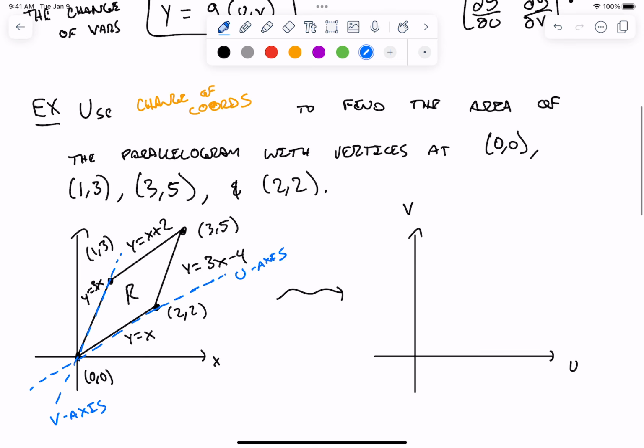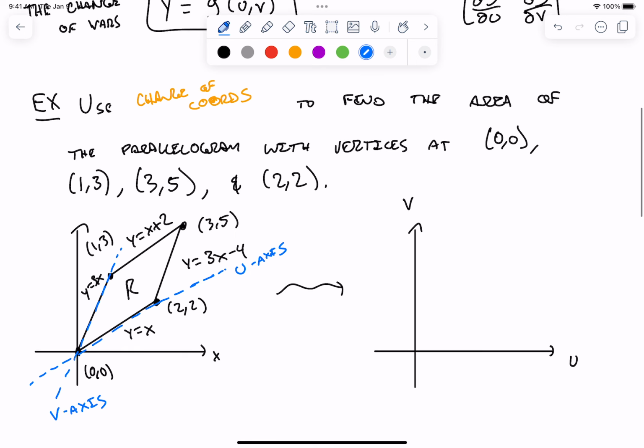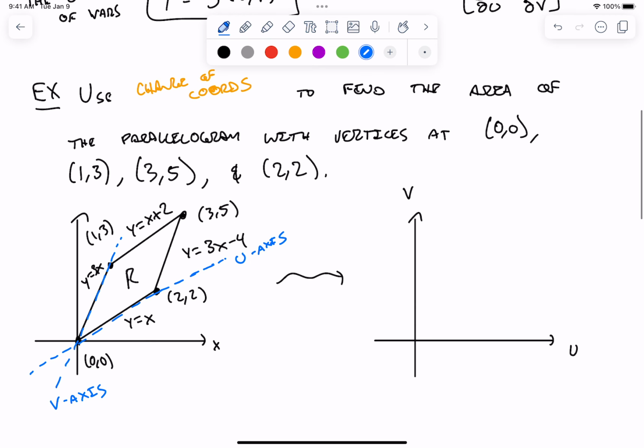Well, what is this u axis? The u axis should be the place where v equals 0. What equals 0 along that axis? Actually, y minus x is 0 along that axis. So if I want to define that axis, maybe v equals y minus x.